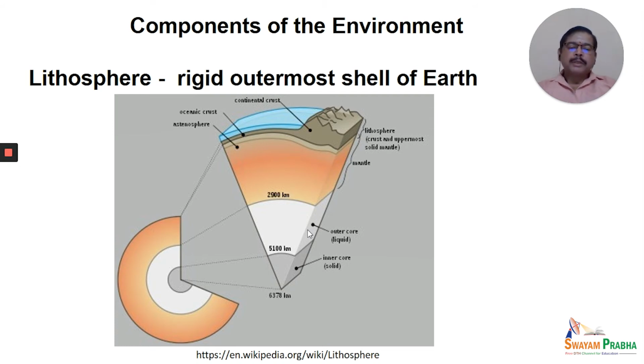The mantle is further divided into upper mantle and lower mantle, which starts from 100 to 2900 km, and the core is divided into outer and inner core. The outer core extends up to 5100 km from the surface of the earth, and the inner core distances to 6380 kilometers. Look at the mass of the earth and how it is well established.